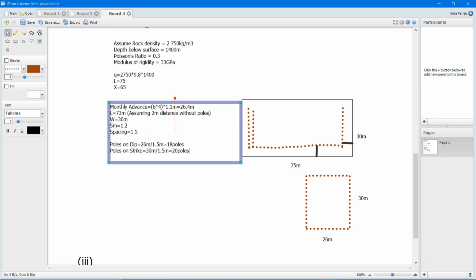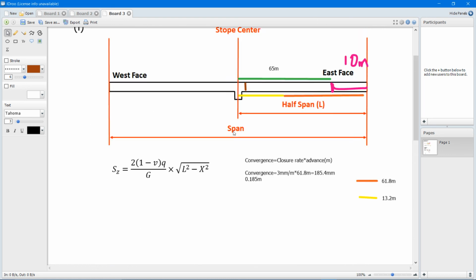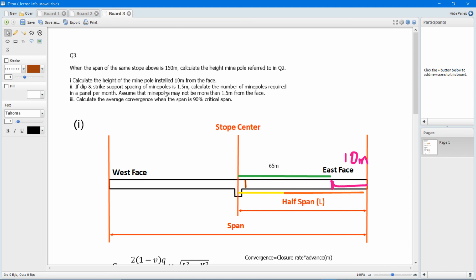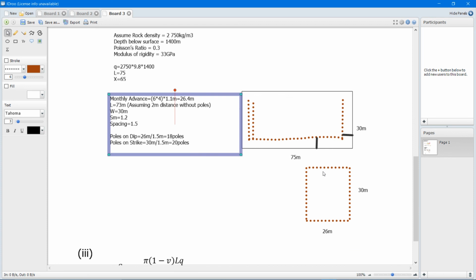Okay, so here we can assume that most of our poles are going to be installed along strike and along dip.